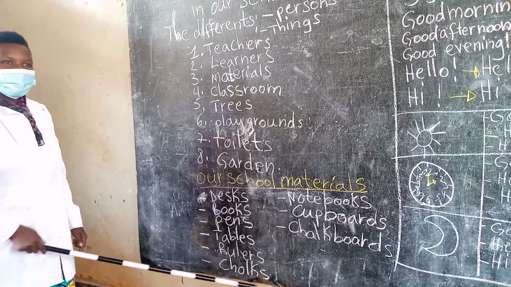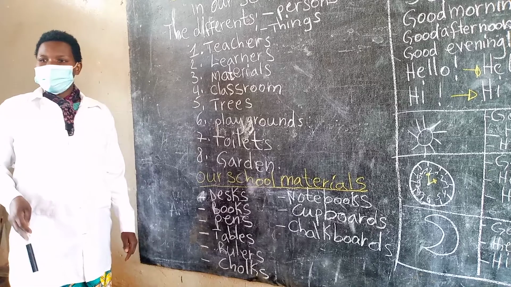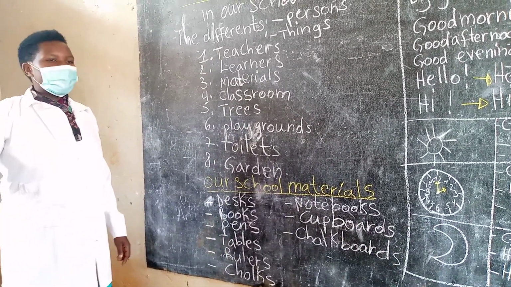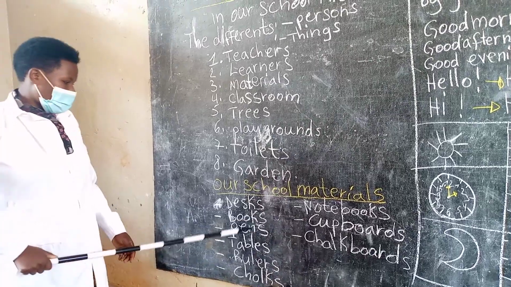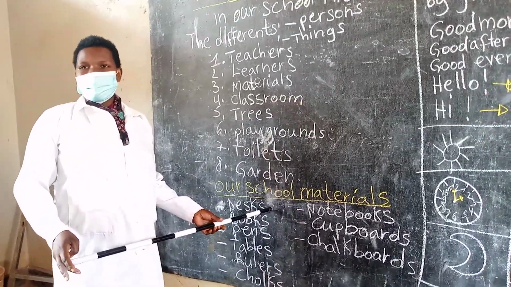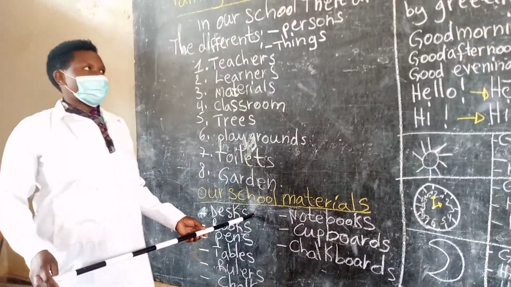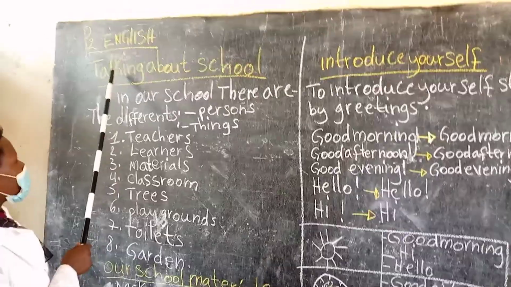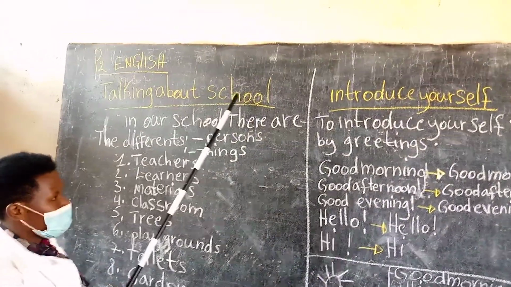These are the materials we use when we are in the class. When we enter the class, all the materials, we have them in our class. This is for the reason of talking about school.